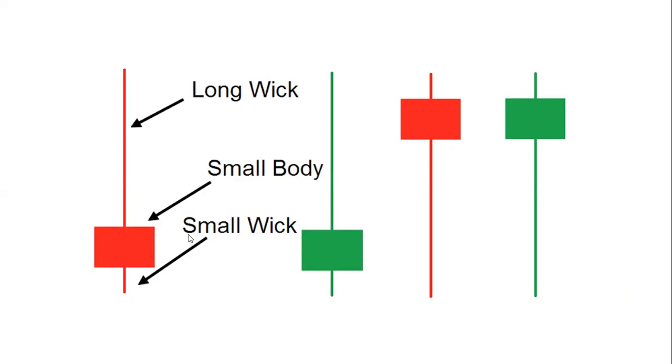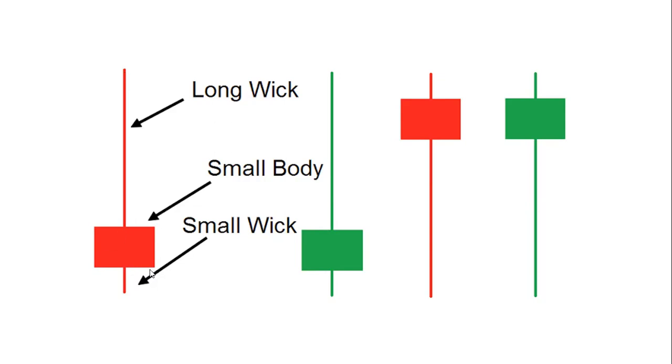Now, if you look at this candlestick, some people call it a hammer, some people call it a kangaroo tail, pin bar, whatever, but the names don't really matter. This is a good signal of selling pressure. When you see this candlestick, it means that price opened here. This was the lowest, and this was the highest it got.